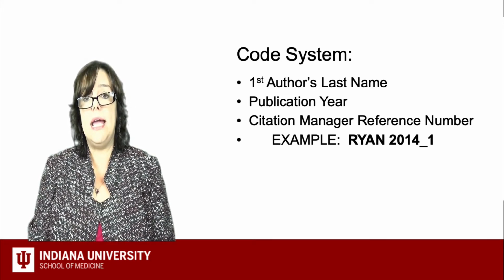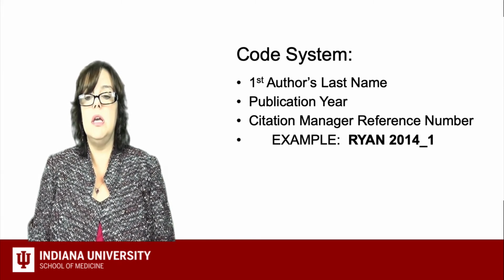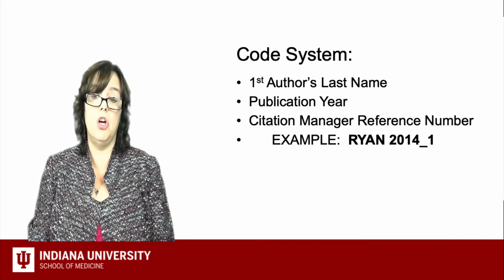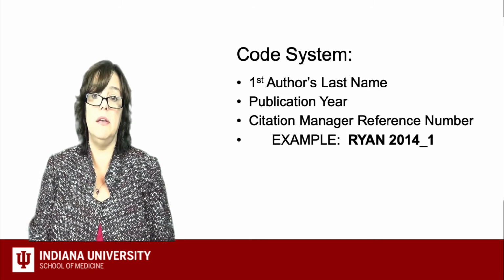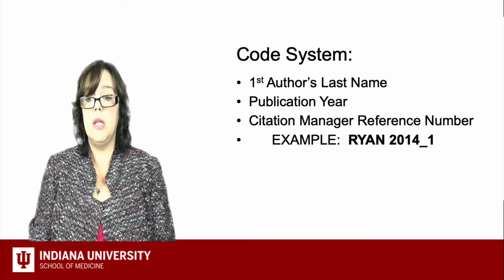The reason I add the first author's last name is that every time you touch this article to take a note or to read, you're going to start remembering the first author's last name. It will help you develop confidence when you present and you have to talk about who contributed to this body of literature, or even write your protocols.